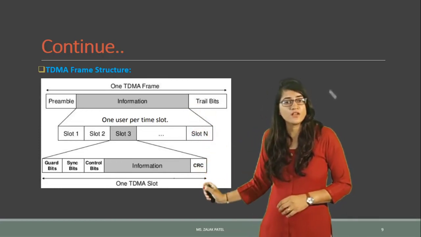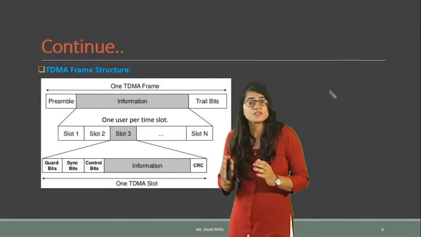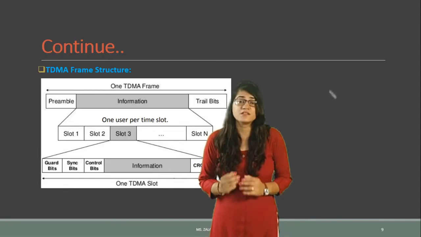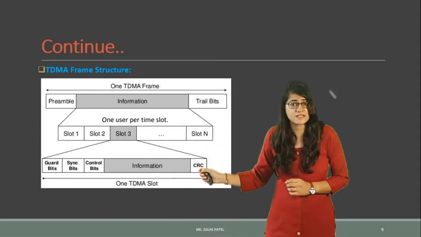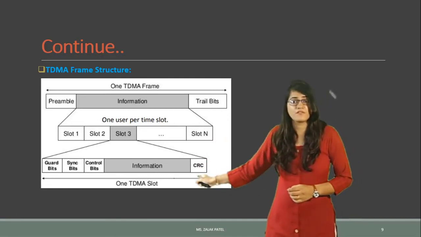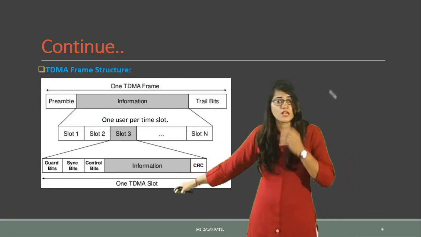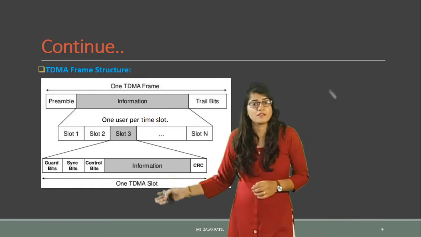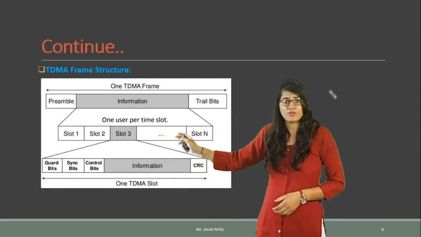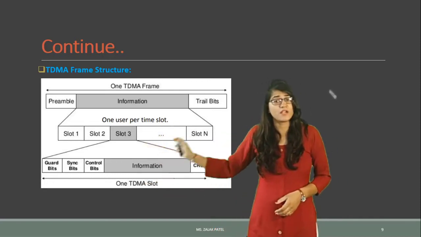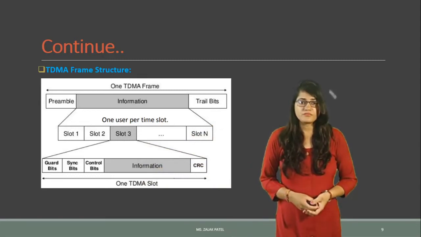So one time slot can be divided into the guard band, synchronous bits, and control bits. In between the control bits and CRC, the information will be transmitted. If this one TDMA slot is multiplied by many users, then you can see that slot 1, slot 2 to slot n are multiplied, and it will be transmitted in terms of a frame.